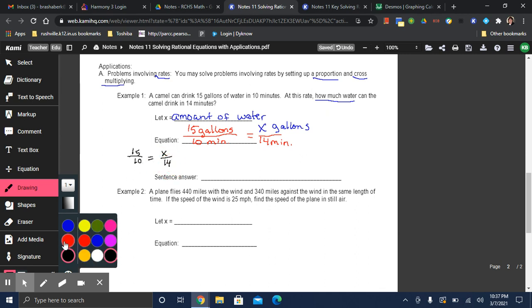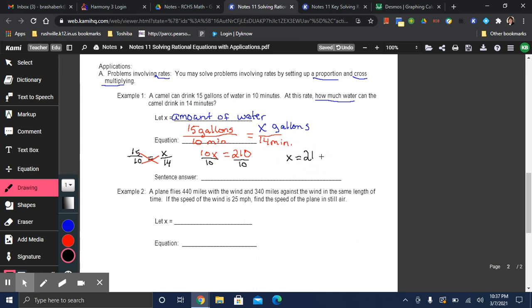Now you can cross multiply these, taking 10x and 15 times 14, and 15 times 14 is 210. So this is cross multiplying. Then divide both sides by 10, and we get x equals 21.